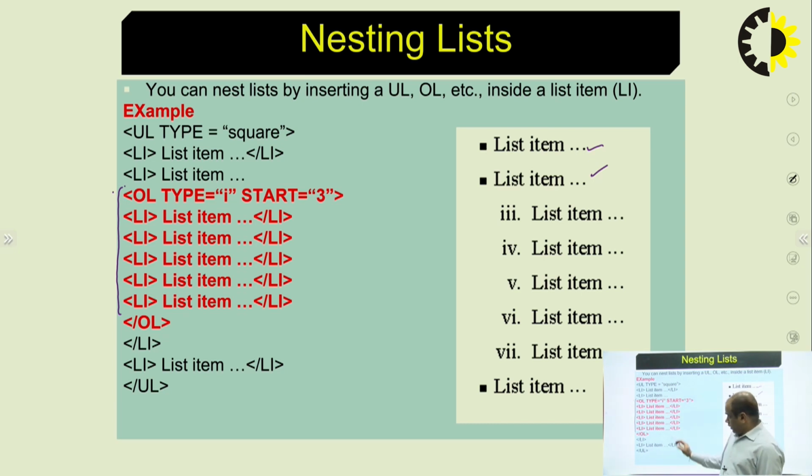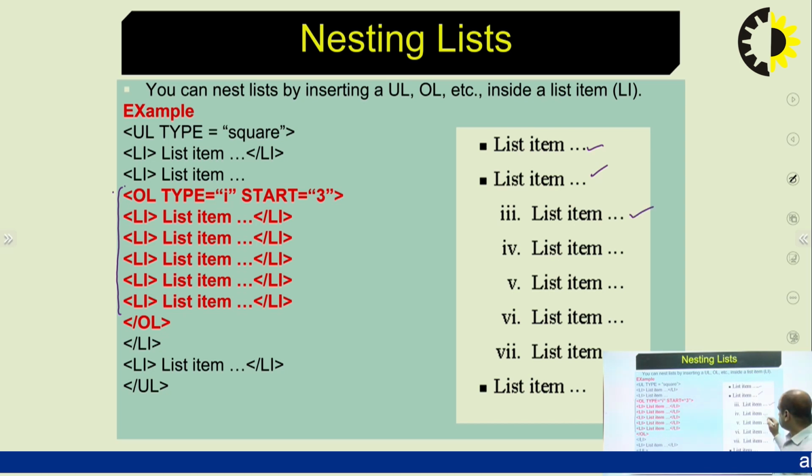The list items are in LI. Once OL ends, it again continues with that particular list item. So you will see the result: the nested list starts with 3, 4, 5, 6 and 7. That nested list is completed.